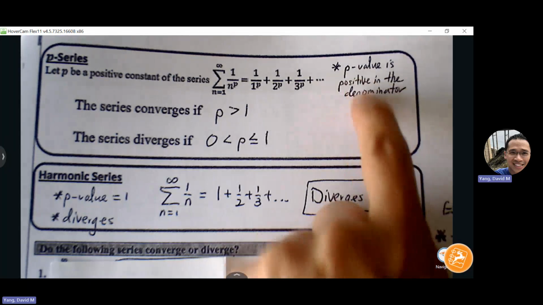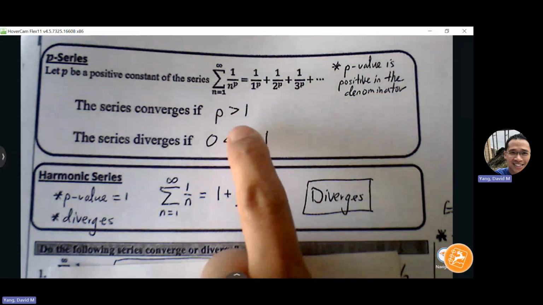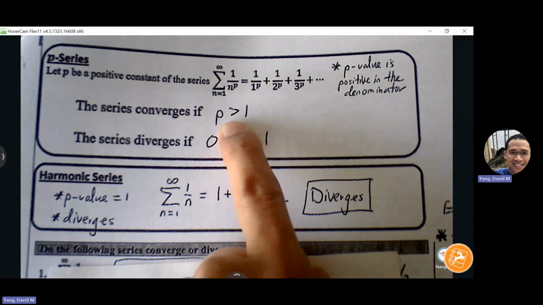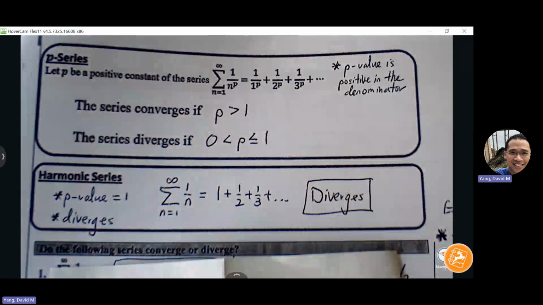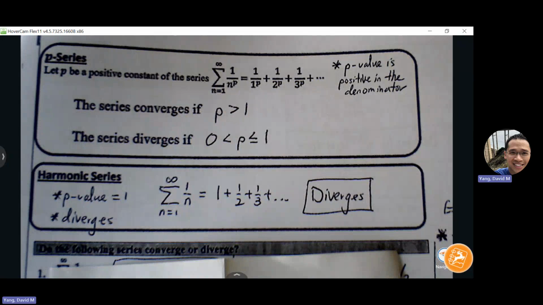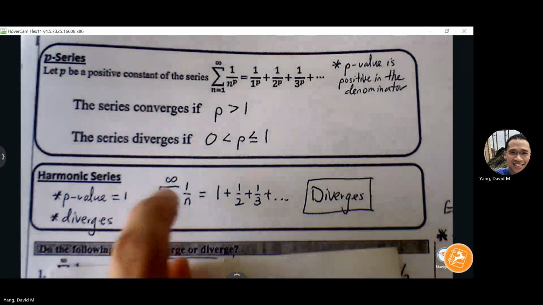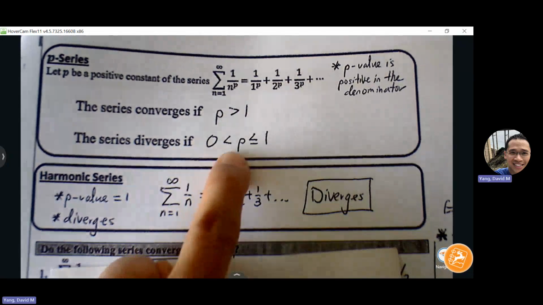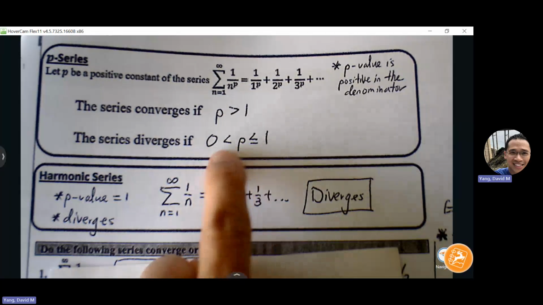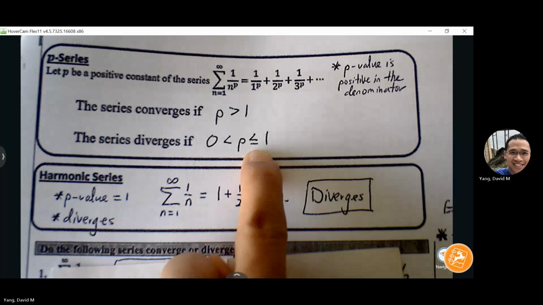So as long as the P value is greater than 1, the series will converge because it is going to get small fast enough where we can guarantee that it converges. But it will diverge if the P value is between 0 and 1.